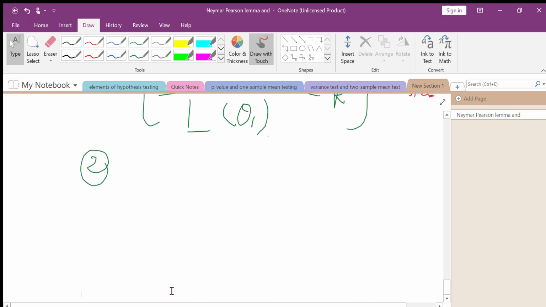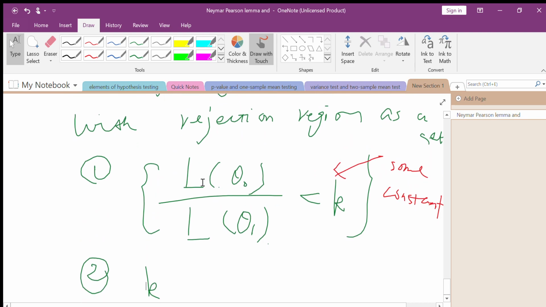The Neyman-Pearson lemma actually has two steps. In the first step, we find the likelihood function at theta 0 and the likelihood function at theta 1, and calculate the likelihood ratio like this.